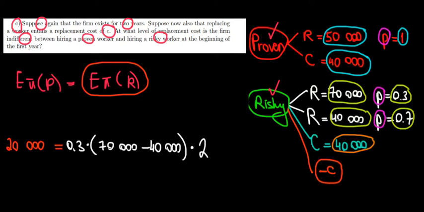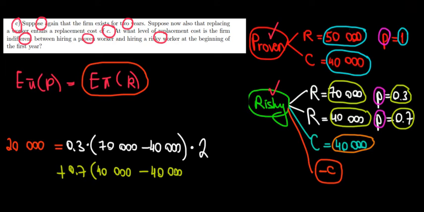Now, what can happen with the remaining probability? With the remaining probability, the worker is worse. So with a probability of 0.7, the worker can generate us only 40,000 euros in the first period, and we also pay for that, the 40,000 euros. Now, because it generates us only 40,000 and we can replace him, we would do so because we would get 50,000 euros from the proven worker.